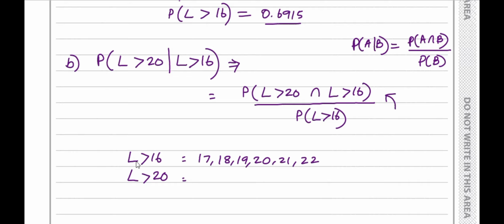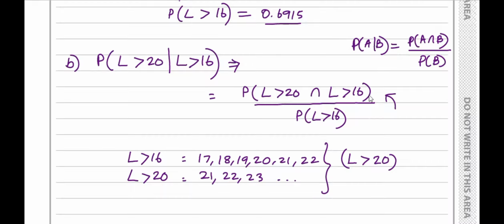All these are satisfying the condition that L is greater than 16. L greater than 20 actually starts from 21, 22, 23, etc. Now, when we say both these conditions have to be met, because the intersection means that, we have only that eventuality where L is greater than 20, because 17, 18, 19, 20 will not satisfy the second condition.